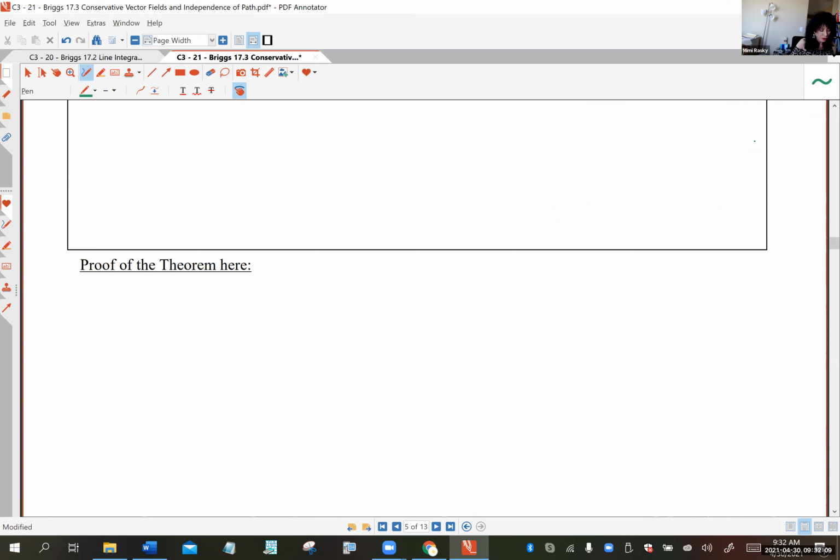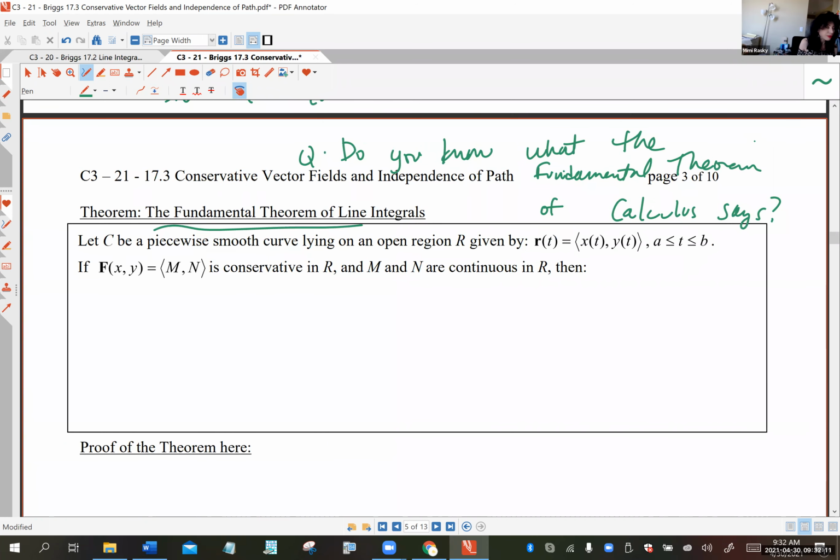Okay, so now let's do the fundamental theorem of line integrals. I'm going to prove it, and then I'm going to do some examples using it. Here is the fundamental theorem of line integrals. If you've got a piecewise smooth curve lying on some open region R, and somebody already parameterizes it for you, hey, thanks, appreciate it. You also know the time interval, and you've got a vector field that's conservative.